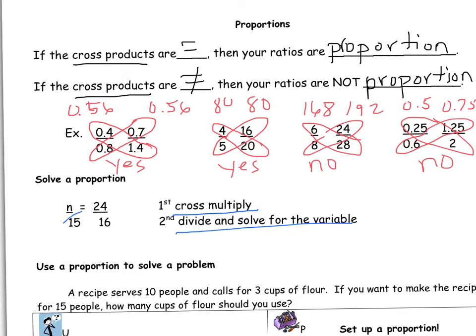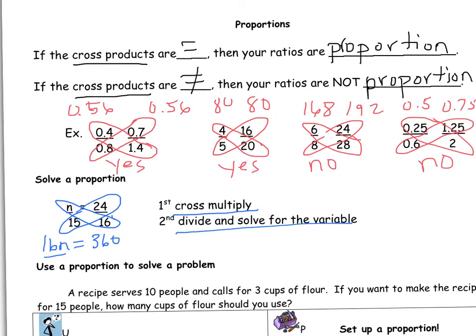So I'm going to do 15 times 24, which gives me 360. And then I'll do 16 times n, and as we learned in our equation unit, that's 16n. And then 16 and n are multiplying, so to solve for that, we do the inverse.